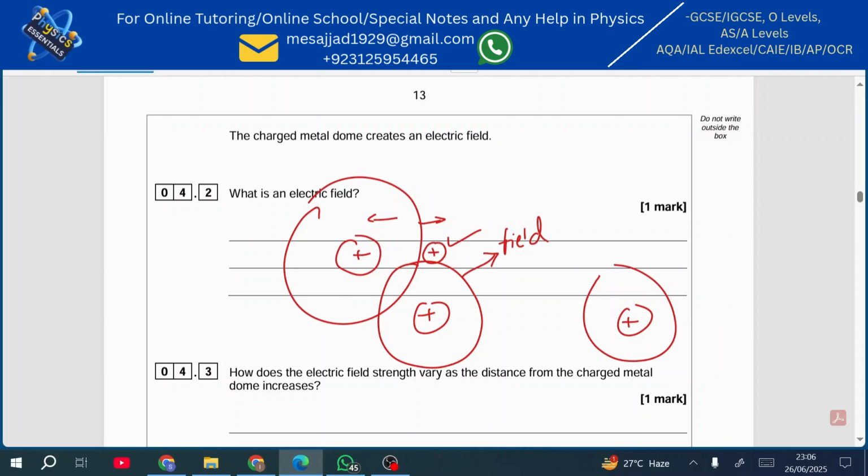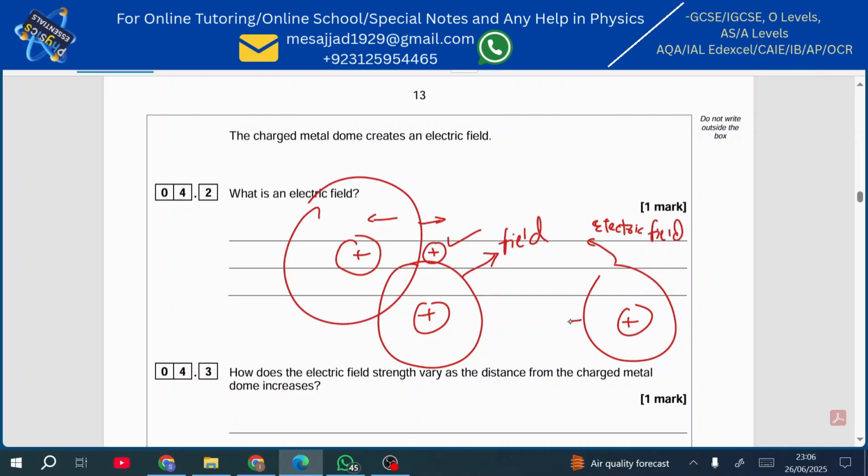And in order to experience the repulsion of two like charges, you have to bring them into the field of one another. So that is the field of another positive charge, and we call that electric field.